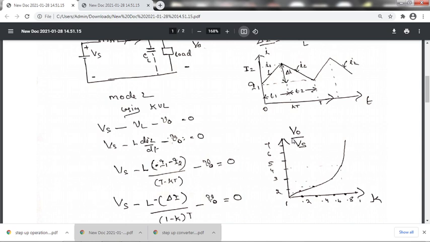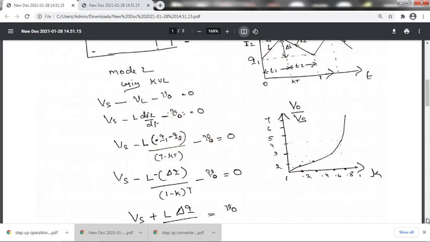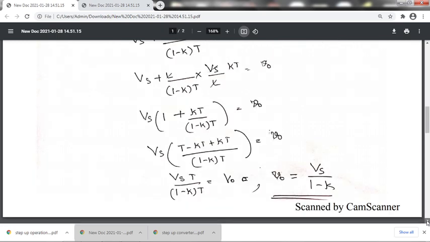That is the meaning. So we can step up to any value, but if you take very high values, V0 theoretically goes to very high values, but there is a limit, because practically everything is not possible.